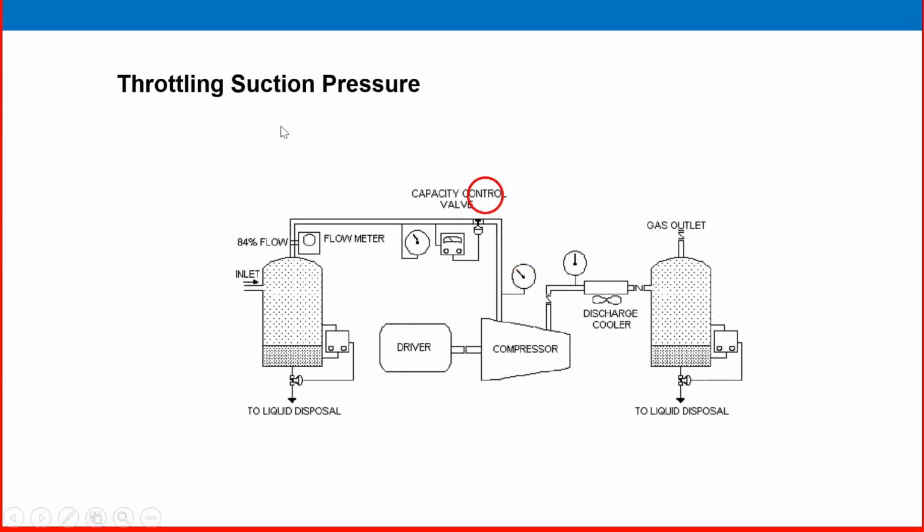For throttling suction pressure, in the suction side you see the same valve is placed in the suction side. That is the difference in this picture. So in this way also we can control the capacity of the compressor.